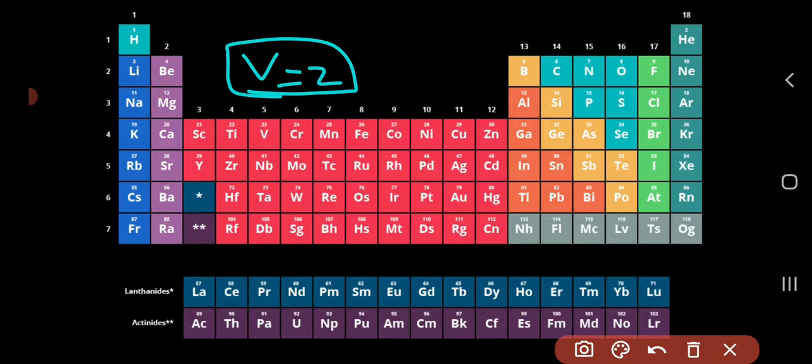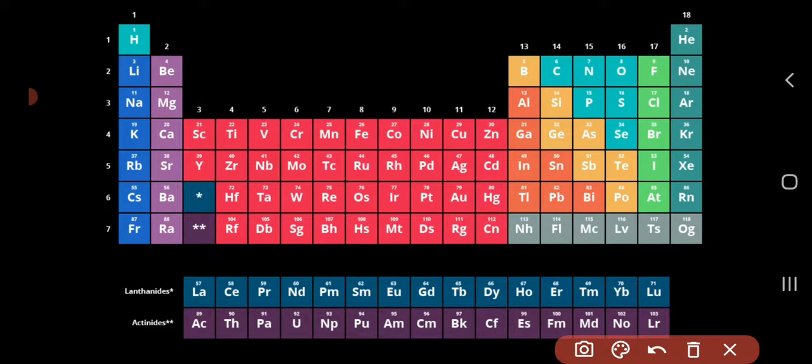The general configuration is ns2. For beryllium, the valence configuration is 2s2. Magnesium 3s2, calcium 4s2, barium 5s2, radium 6s2.